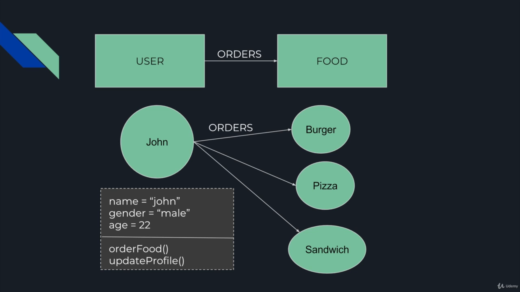John has certain state like name, gender, and age. We have defined here that the name is John, gender is male, and his age is 22. John can have certain behavior: he can order food and he can update his profile. John will use this behavior to perform certain actions.